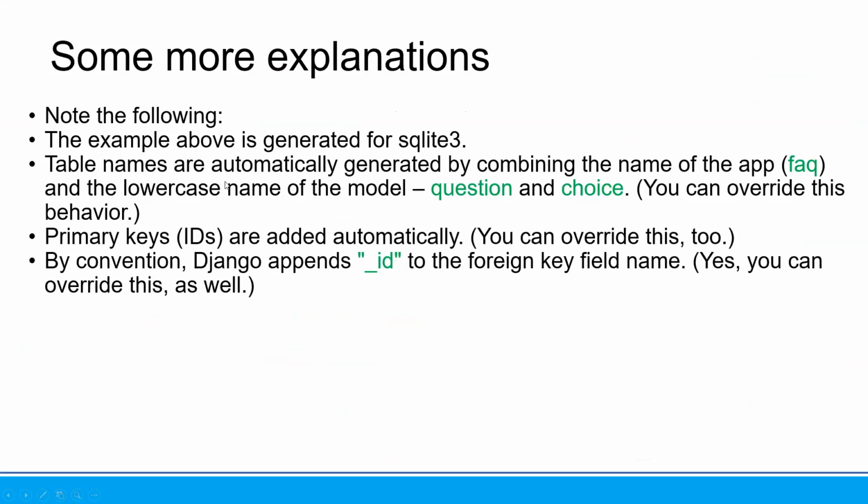And some explanation on the database. The example here is generated for SQLite. What we are going to use is only SQLite. If you use another database, there will be a different kind of format. Table names are automatically generated by combining the name of the app.